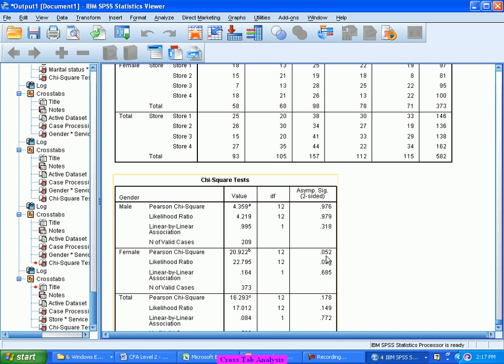Probably in some stores females are very highly satisfied, and in some stores females are very highly dissatisfied, which is a very important aspect to focus on for the store manager, or probably for the city manager. In some stores probably females are not showing the same level of satisfaction which the females of some other stores were showing.